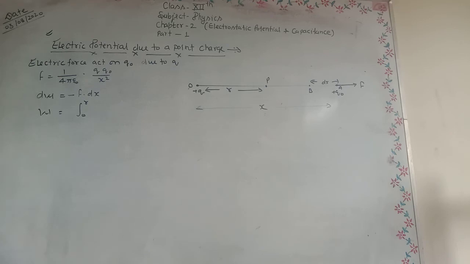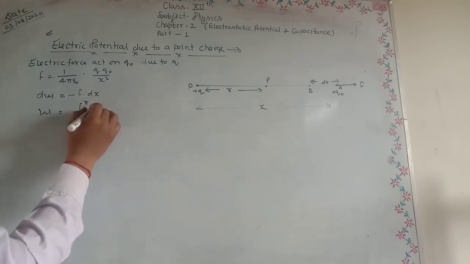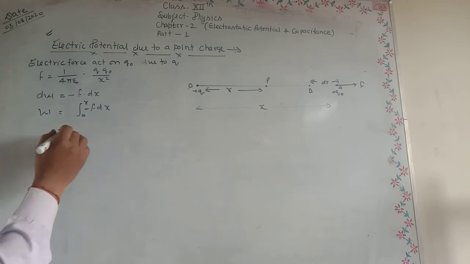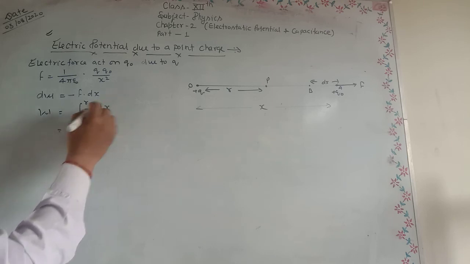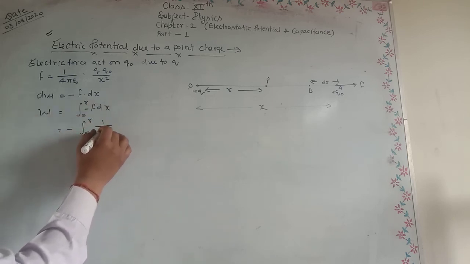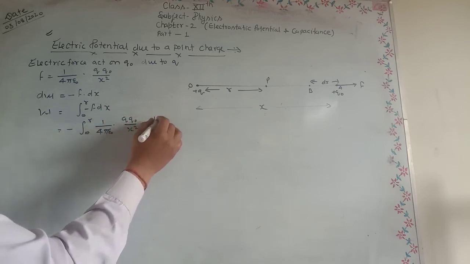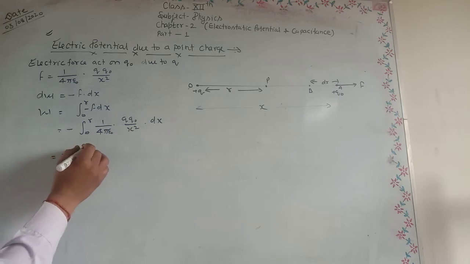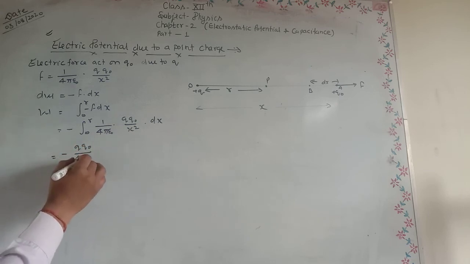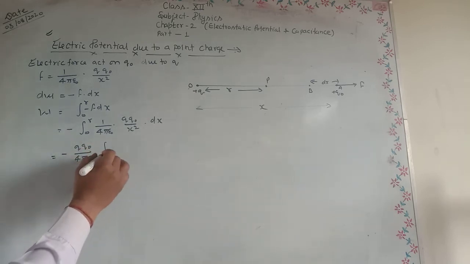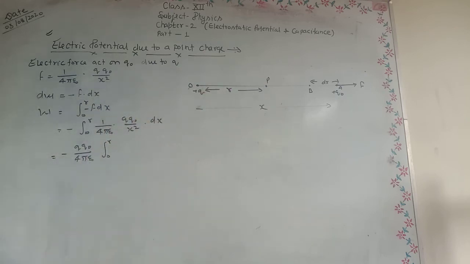W is equal to minus integral from infinity to R of F dx, with F equal to 1 upon 4 pi epsilon naught into Q Q0 upon x square. Q Q0 upon 4 pi epsilon naught is common.